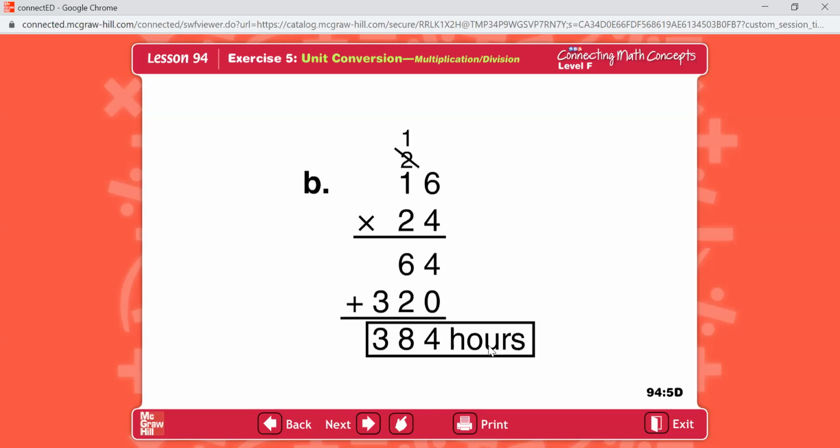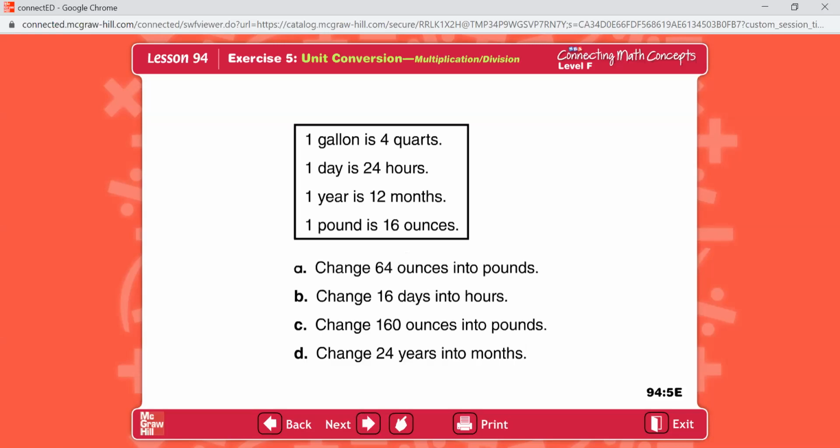Now let's go to problem C. Problem C says change 160 ounces into pounds. Work problem C. Remember, find the fact and figure out if you multiply or divide. Pause the video now to work the problem.